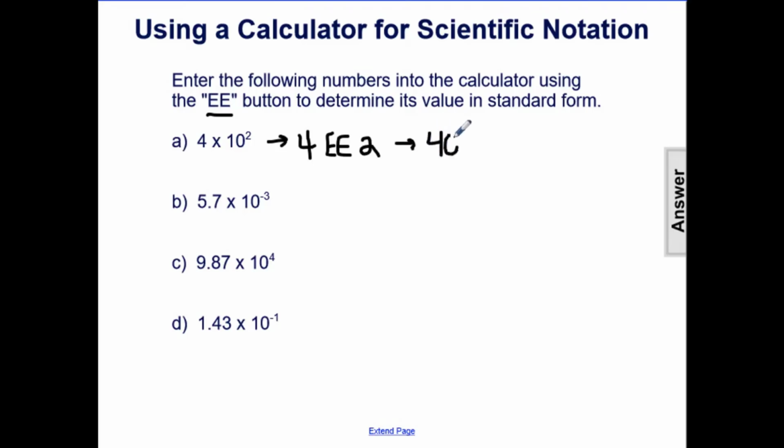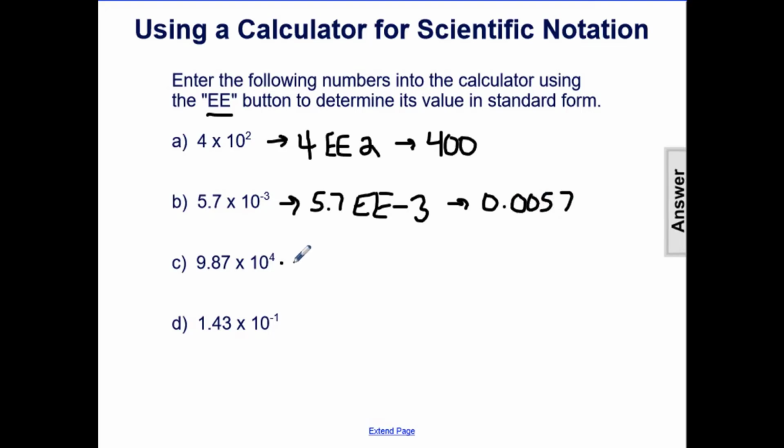For B, 5.7 times 10 to the negative 3, you would enter 5.7, EE, negative 3, which should show up on your screen as 0.0057.